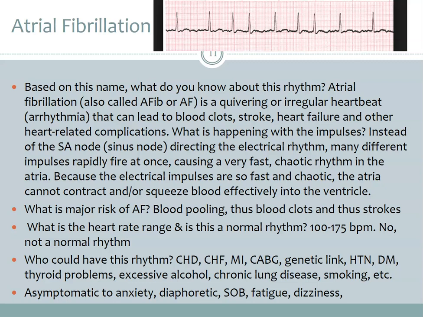And we do know that with this abnormal rhythm, patients can be anywhere from asymptomatic to very short of breath, very diaphoretic, very dizzy, they're very fatigued and anxious because they're not able to catch their breath and recover from it. So again, it can be totally asymptomatic, especially if they have their heart rate within a normal rhythm, right?